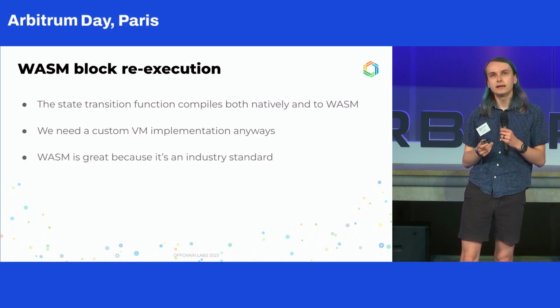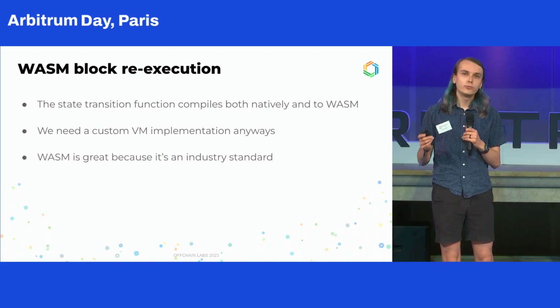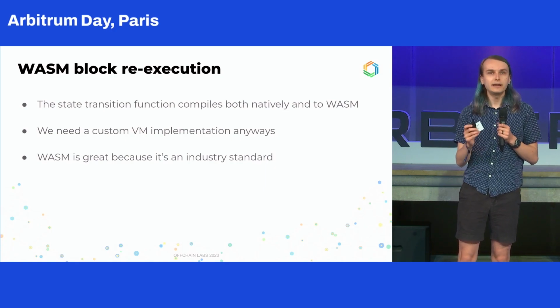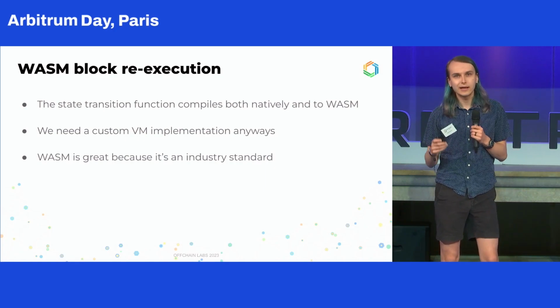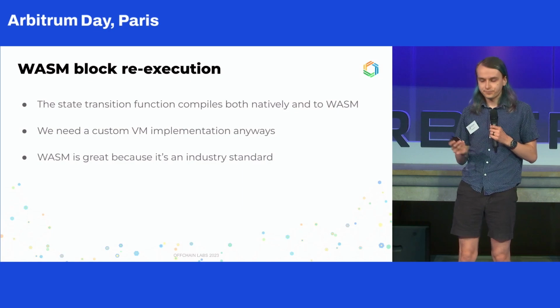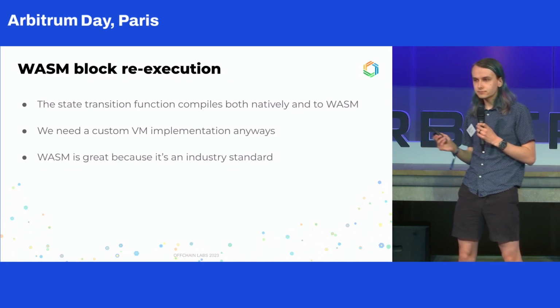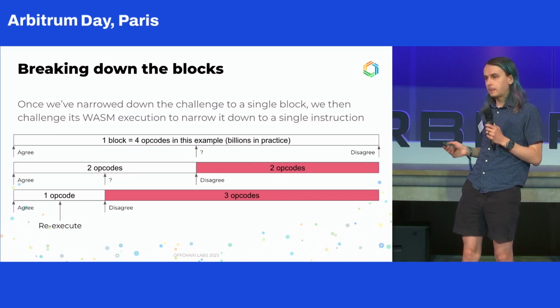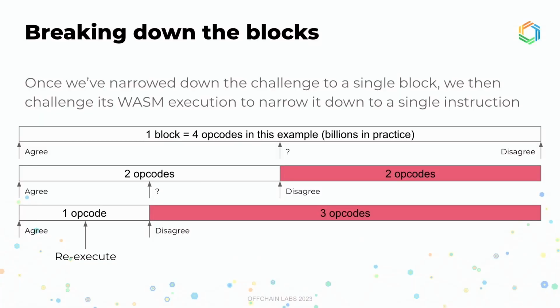Otherwise, if we decided to stick with the EVM, we'd have to write an EVM implementation in the EVM, which is possible, but it's a lot easier to just reuse the Go implementation we have and compile it to WebAssembly.